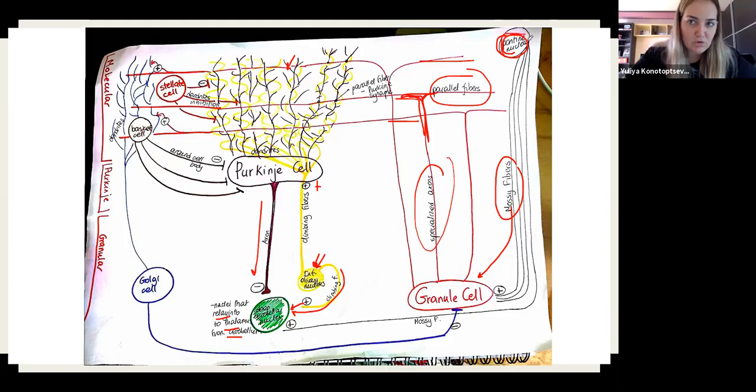The pontine nucleus, what does it do? It sends a direct fiber to the deep cerebellar nuclei, and simultaneously through the mossy fibers, through the granule cell, through the parallel fibers, through the Purkinje cell, it's going to be inhibiting the same nucleus. It simultaneously excites and inhibits it.